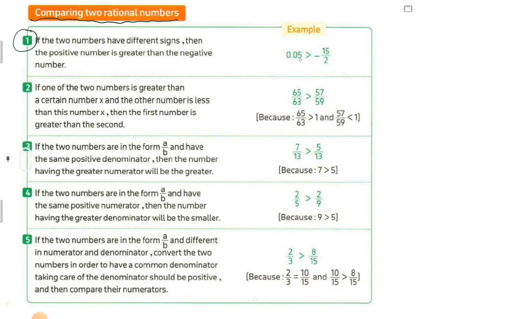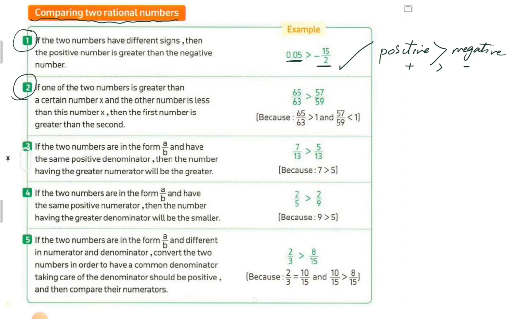Look here, this rational number is positive, but this one is negative. Of course, any positive is greater than any negative rational number. It's direct.